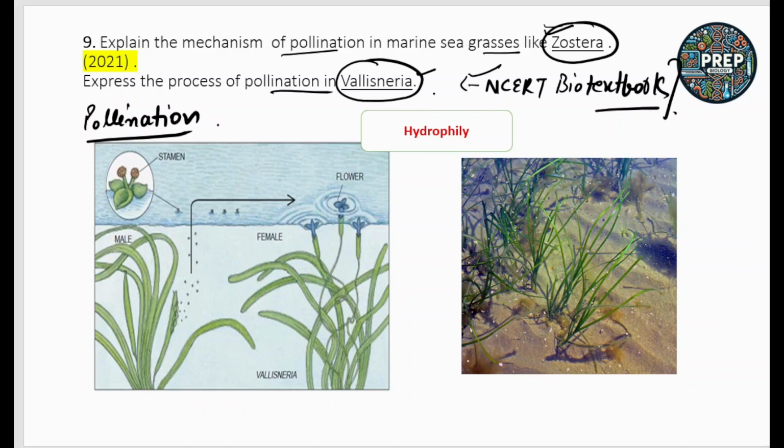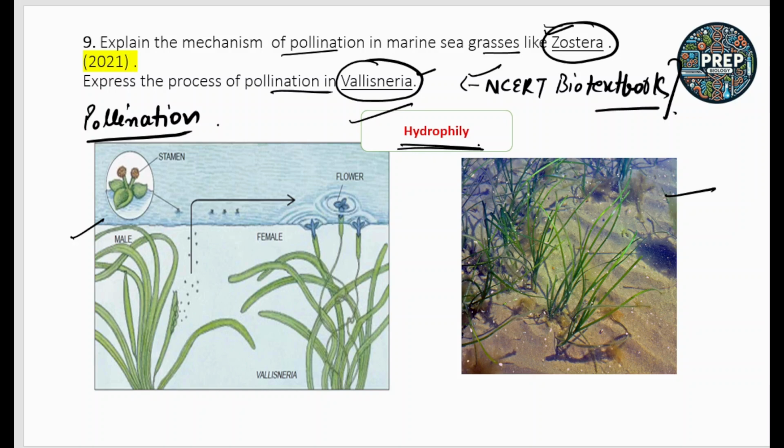We know that this is the Zostera plant and this is Vallisneria. These are aquatic plants, which live in water. So which type of pollination is there? Hydrophily.